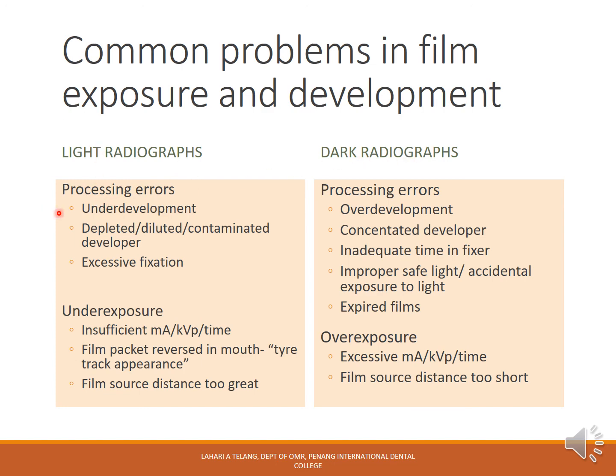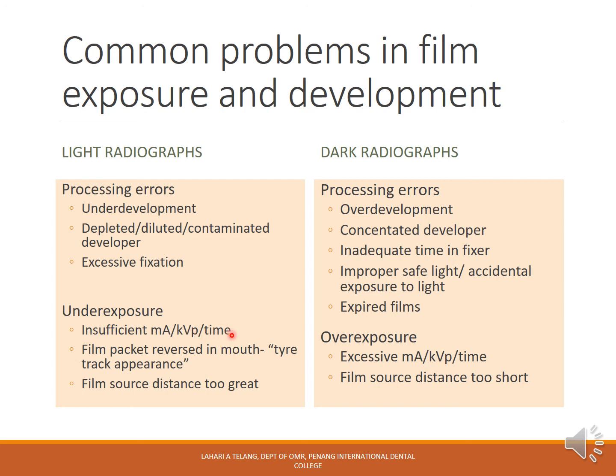Light radiographs can be caused by processing errors such as underdevelopment, depleted or diluted or even contaminated developer, or excessive fixation. They can also be caused by underexposure, which is an exposure parameter, due to insufficient current, insufficient voltage or even insufficient time.